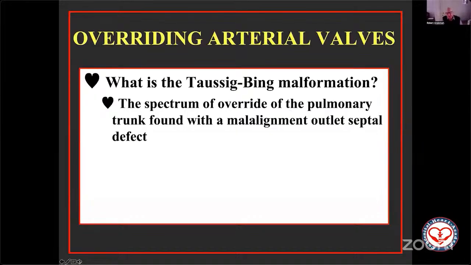Now we need to turn our attention to the Taussig-Bing malformation. So what is the Taussig-Bing malformation? It is the spectrum of override we see when it is the pulmonary trunk that is overriding that outlet defect.